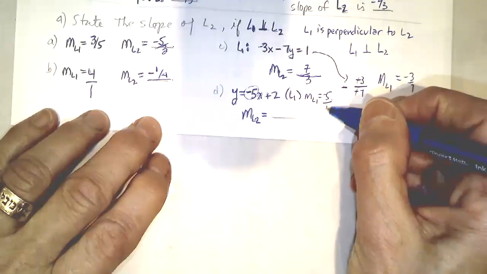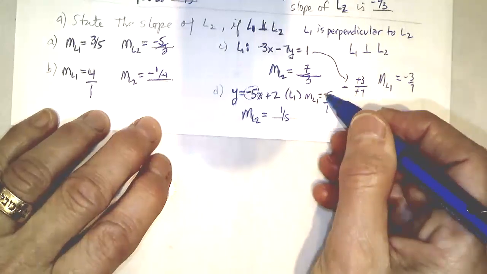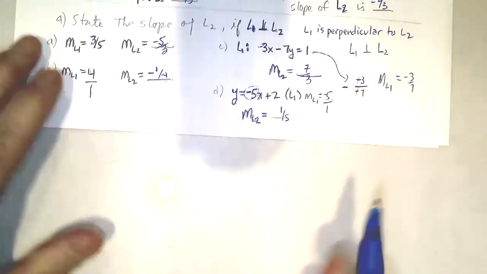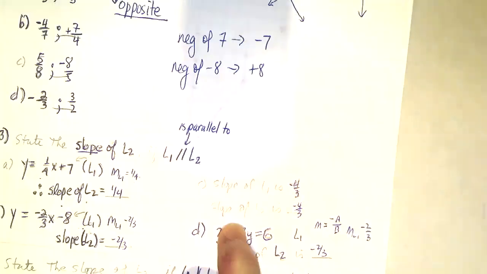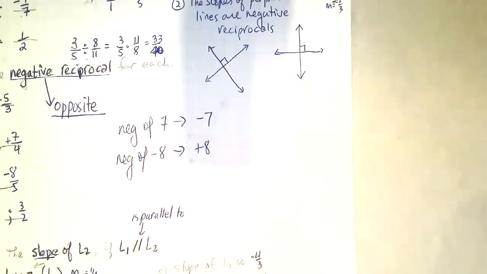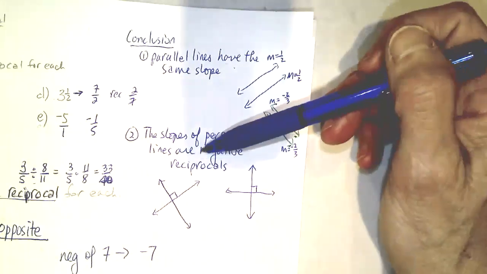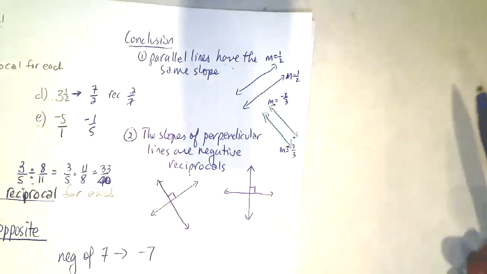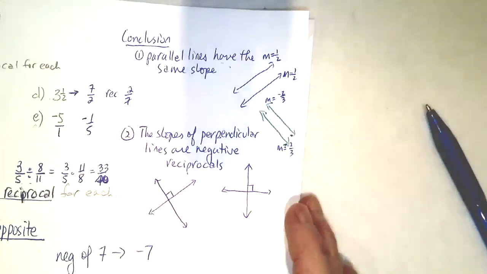So again, this is over 1. You flip it, and because this is negative, this one becomes positive. So this is really more information for you about slopes of lines and how there is a relationship if you have a situation with parallel lines or perpendicular lines, that you actually know something about their slopes.